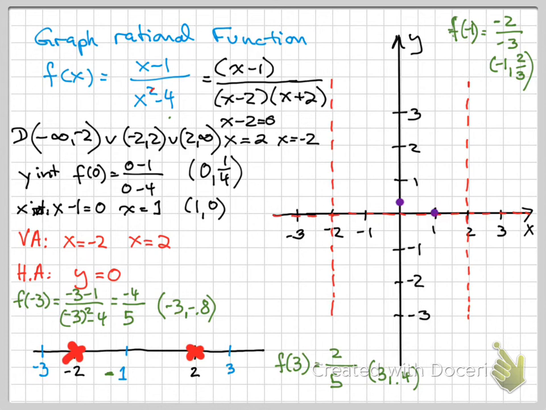And I had (-1, 2/3), I plot this right there. And (-3, -0.8), like here. And (3, 0.4), so a little bit over here.